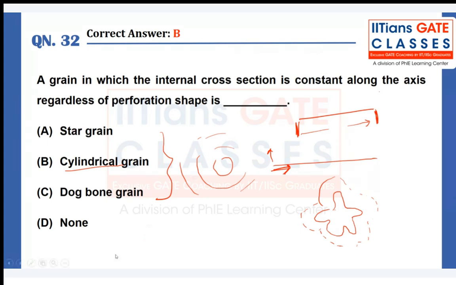There is a possibility of designing a constant internal cross section grain throughout the length of the grain. It is possible. But if they are talking only about radial, then yes, of course, a cylindrical grain will have a constant internal cross section.